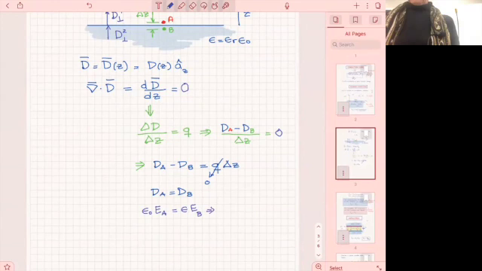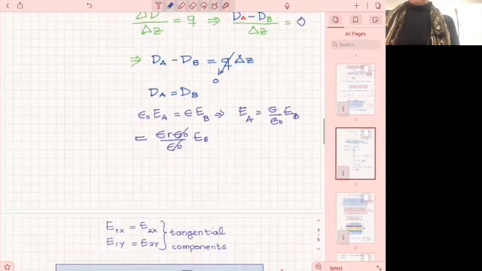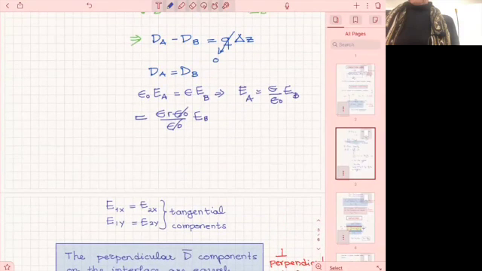That means EA will be epsilon over epsilon naught times EB, and because epsilon is epsilon R epsilon naught, finally we have that EA will be epsilon sub R EB.